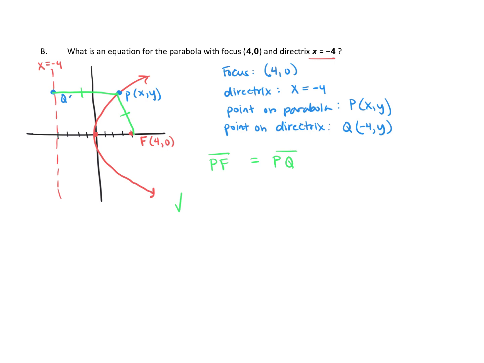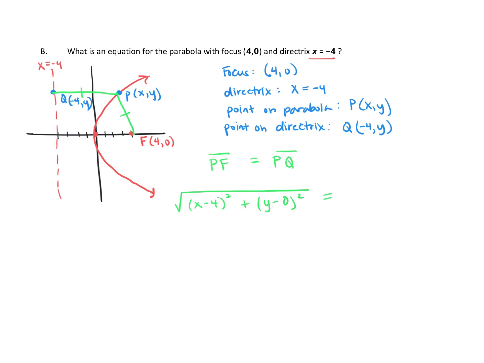Let me write in Q right here, which we said was (-4, y). From P to F, we're going to take the x minus the x, so the square root of x minus 4 squared plus, now we're going to take the y from P minus the y from F, so y minus 0 squared.